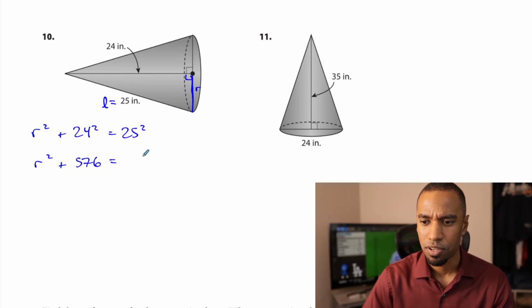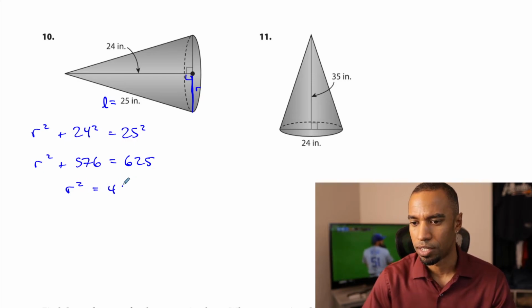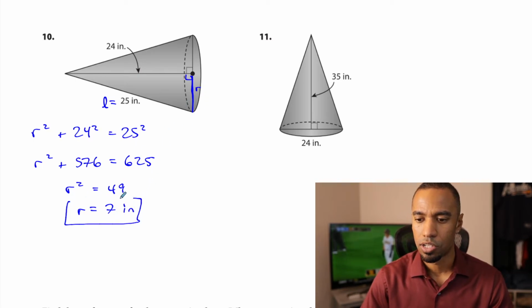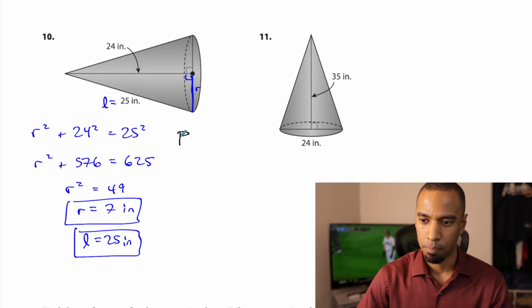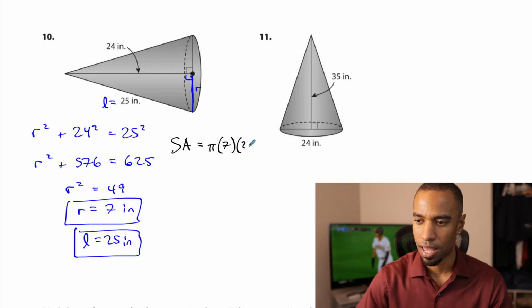576, I think. 576 plus r squared is 625. Subtract that, and r squared is going to be 49. Yep, 49. And then we get r is 7, so 7 inches for radius. We got r is 7, and we got slant height is 25. Let's go to work. Surface area is pi RL plus pi R squared.